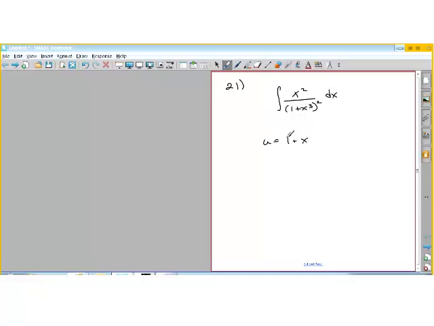So u is the term in the parentheses. So we take du. du is going to be, this is going to be 0, and the derivative of 3x cubed is 3x squared, and we multiply by dx. We look at the original equation, we see that we have x squared dx. So x squared dx is just du divided by 3. Divide both sides by 3.